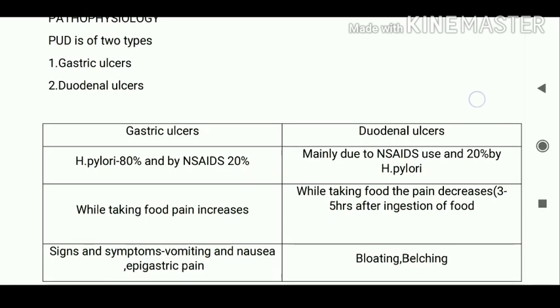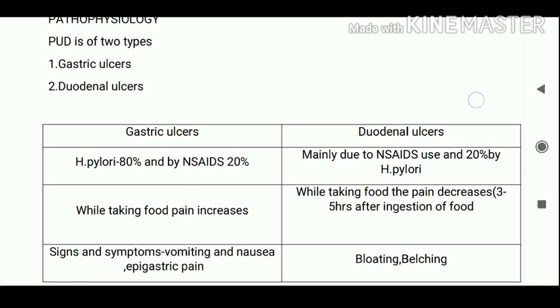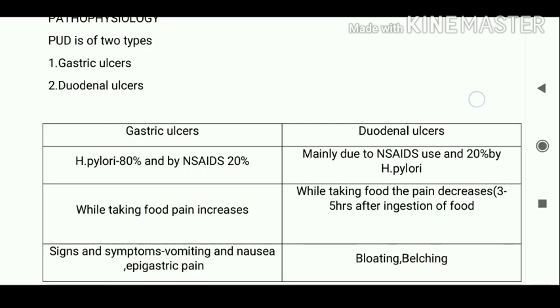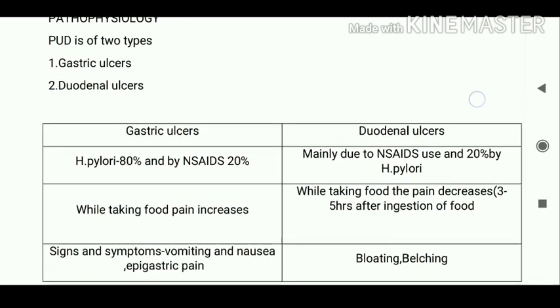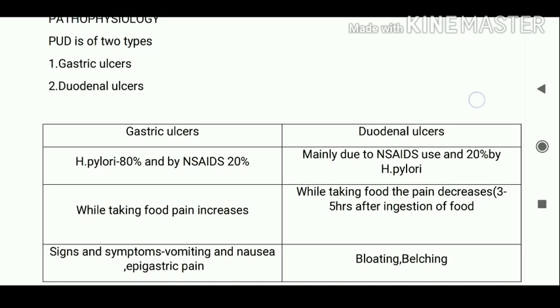While taking food, the pain decreases, and it occurs 3 to 5 hours after ingestion of food. This type of ulcer occurs only then. Why? Because it takes nearly 3 hours for the food to be digested and to come to the duodenum.